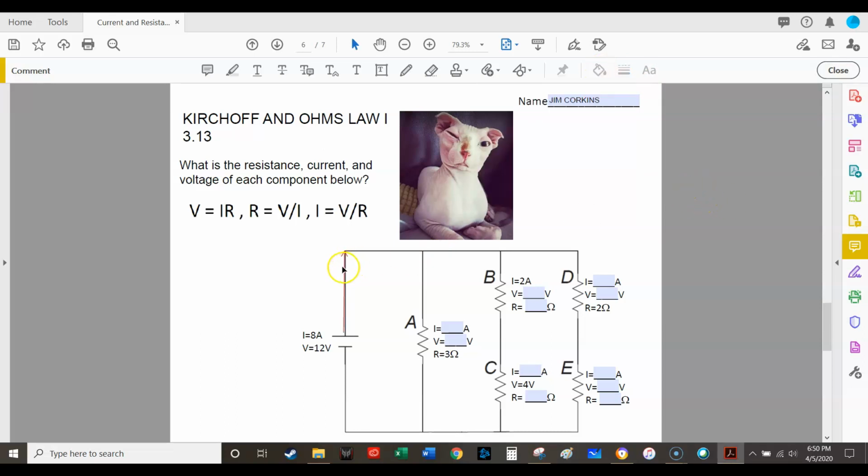We know this red current is going to be 8 amps, because the battery is 8 amps. And we know that 8 amps is flowing to the right, and it gets to this junction. And that means that when it leaves this junction at the bottom, it has to also be 8 amps. So red is representing 8 amps.